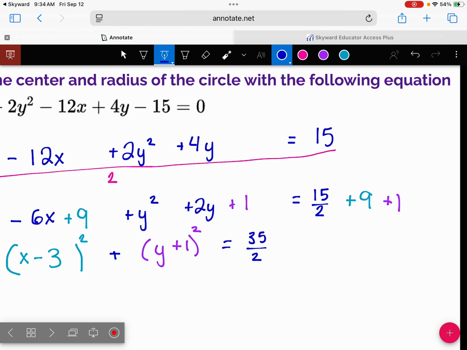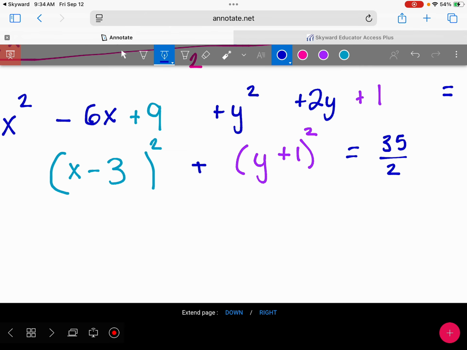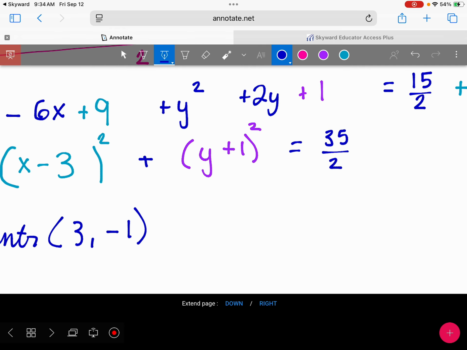So what is our center? 3 and negative 1. What is our radius? Root 17.5 or root 35 over 2.